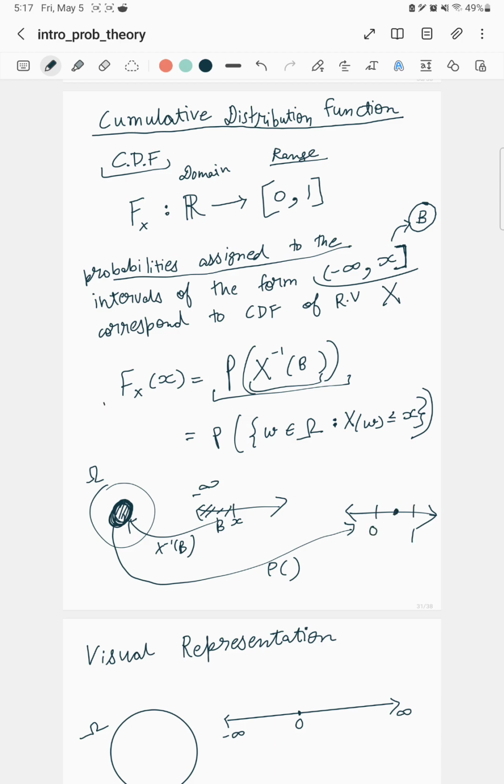That value is capital F of X of x, or you can say the cumulative distribution function. You can also denote it in this form, where there are some elements omega present in capital Omega such that X of omega, so X of some element omega, would correspond to some value in this Borel set. So you can also write it in this manner. So this is nothing but X inverse of B.